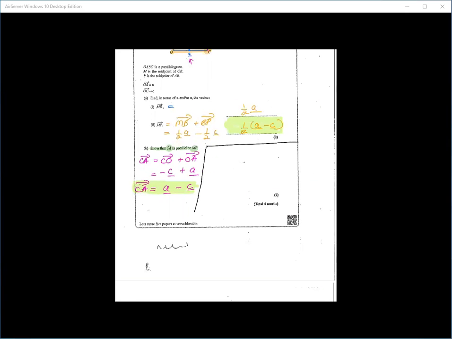No, they don't have a common multiple. That's proof of something else. If we can say C to A is parallel to M to P, what's the reason? They share the same vector. It is a multiple of the vector.